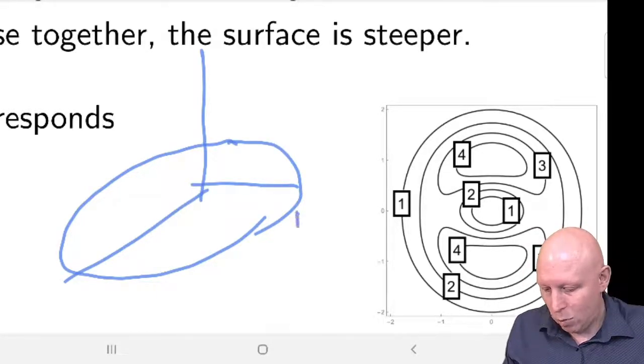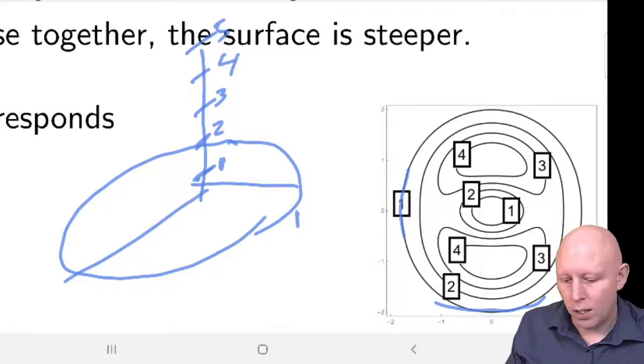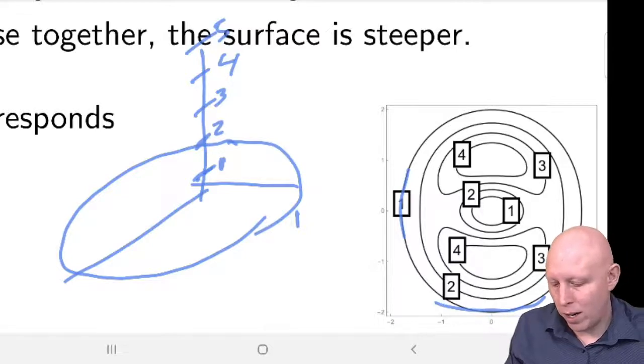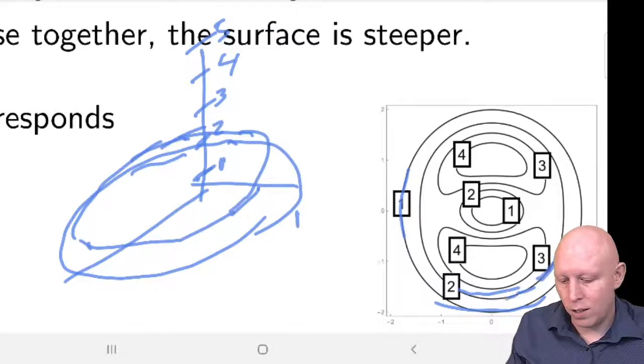This outer part is at height 1. All right, what about height 2, height 3, height 4, height 5? You should maybe try this yourself. Pause and come back. Now at height 2, we have a circle that's a little bit higher. Not a circle, an oval.